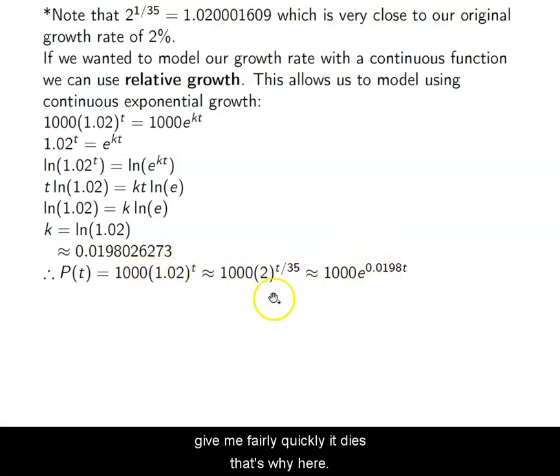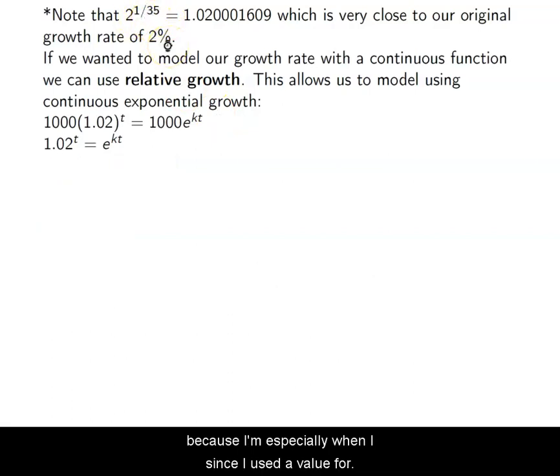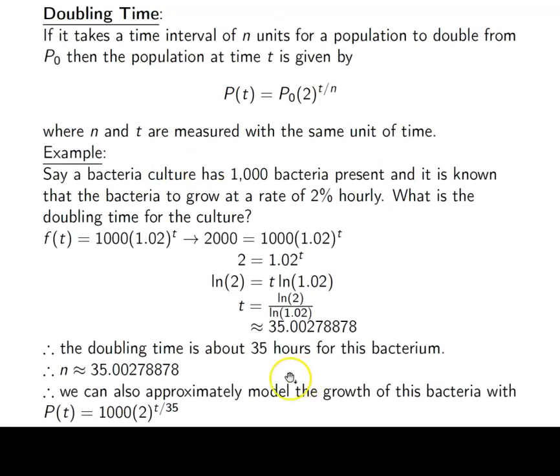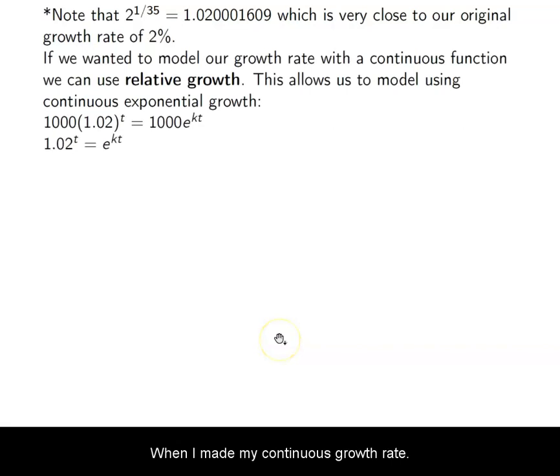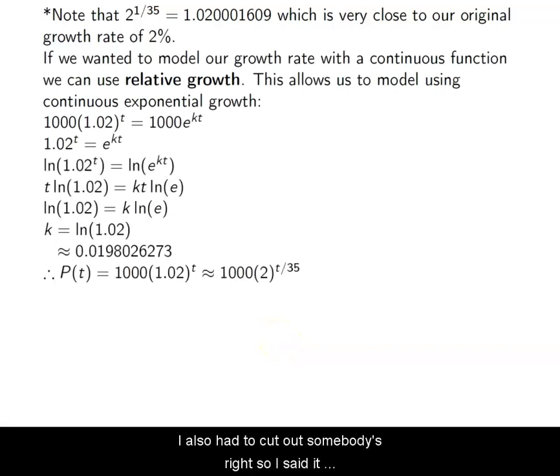That's why here I put the approximate symbol, because they'll be off just a little bit, especially since I used a different value for the doubling time. And not only did I use a different doubling time, which will give me an error, when I made my continuous growth rate, I also had to cut off some values, right?